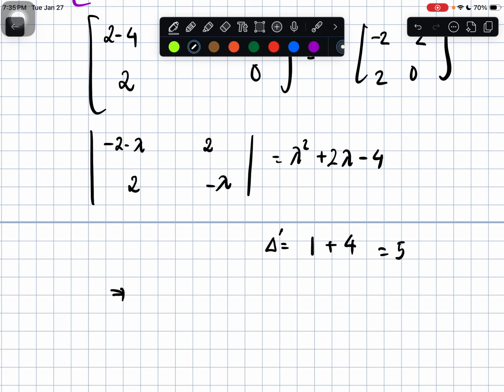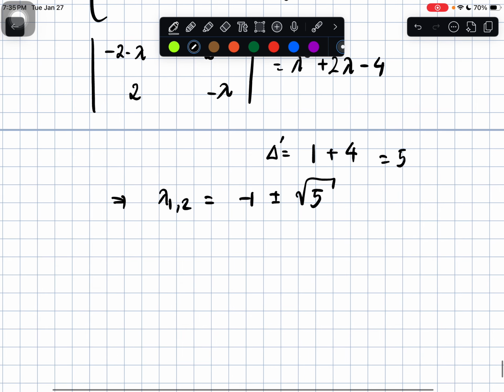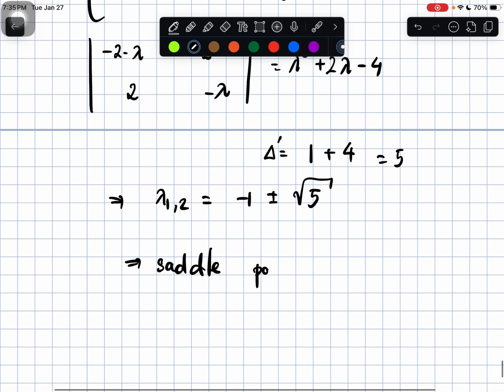So we have lambda equal to minus 1 plus or minus root 5. One is positive, one negative. So a saddle point in this case.